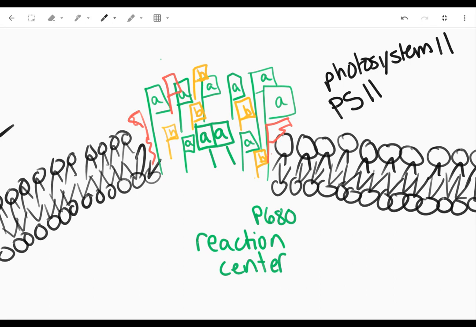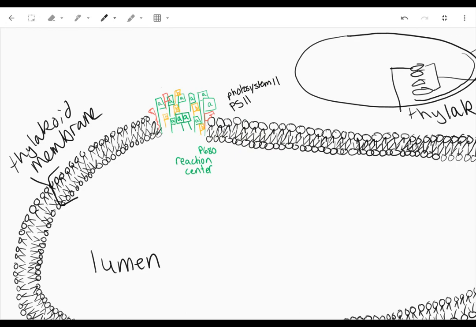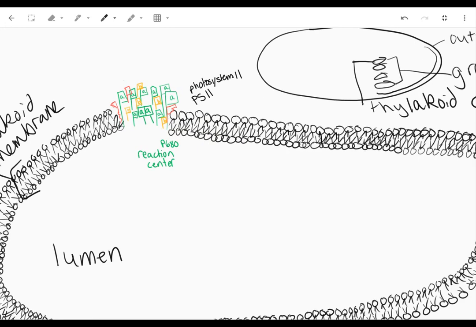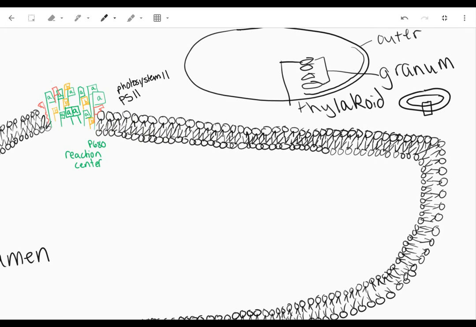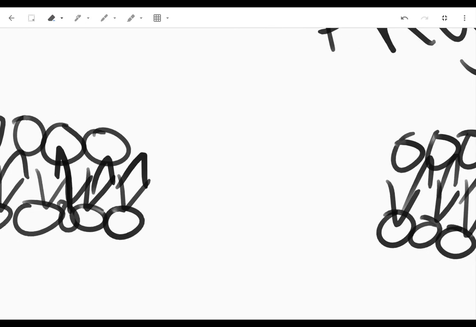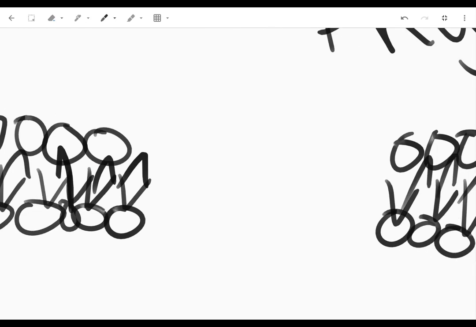All right, now let's look at our other photosystem, and we'll put that in there. Okay, and our other photosystem will be a little further away there. We're gonna again blow that up. It's going to have a similar set of pigments, so it's going to have lots of chlorophyll A's again.